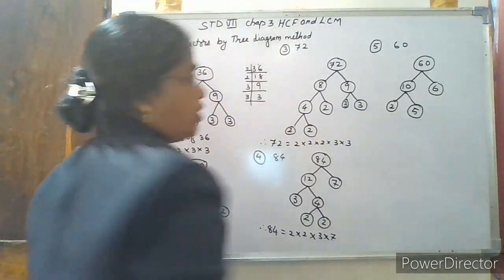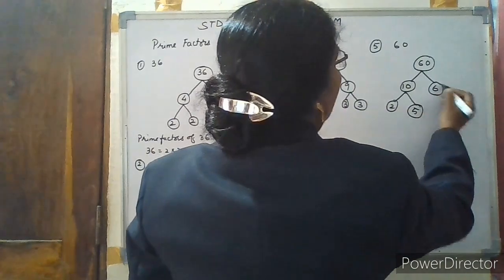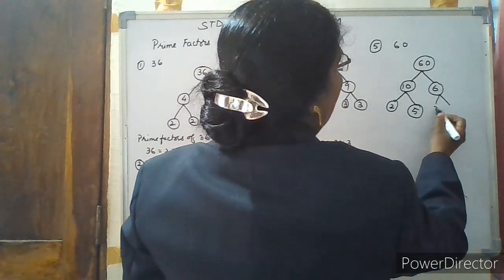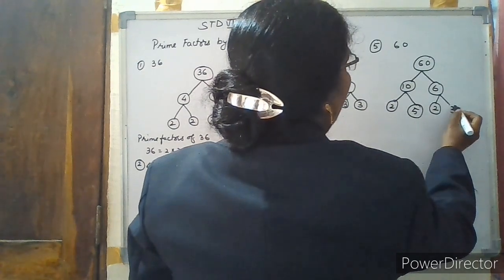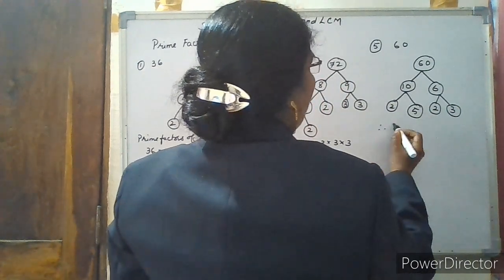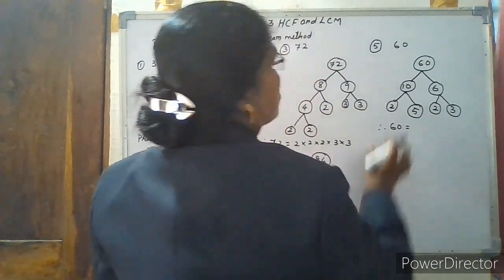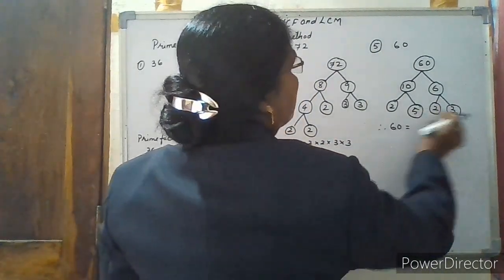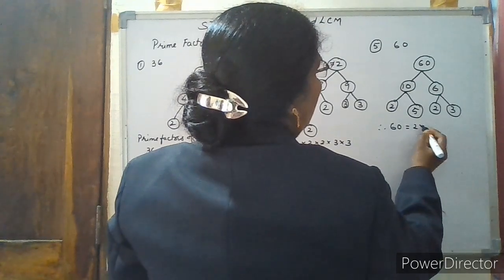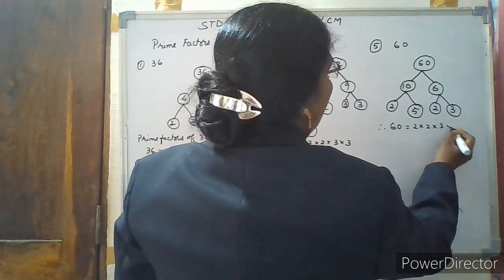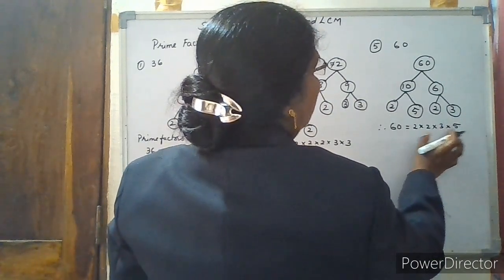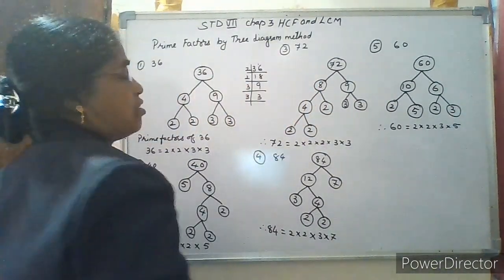Both are prime factors, but 6 is not a prime number, so 6 can be factorized again as 2 threes are 6. Now these last numbers are the prime factors; write them in ascending order: 2 into 2 into 3 into 5. 2 twos are 4, 4 threes are 12, 12 fives are 60.